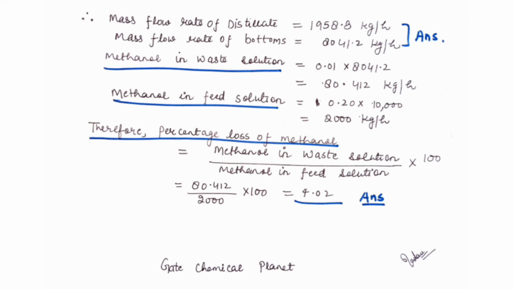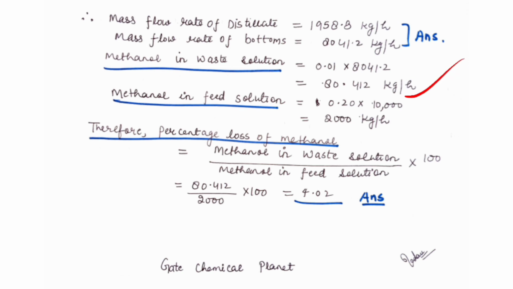The mass flow rate of distillate is 1958.8 kg per hour, and the mass flow rate of bottom is 8041.2 kg per hour. The methanol in waste solution is 1% of 8041.2 kg per hour, so we get 80.412 kg per hour.